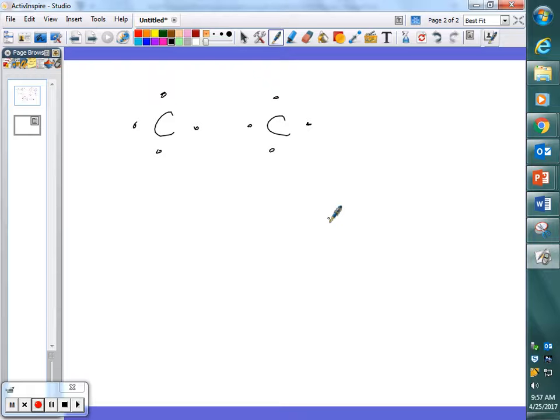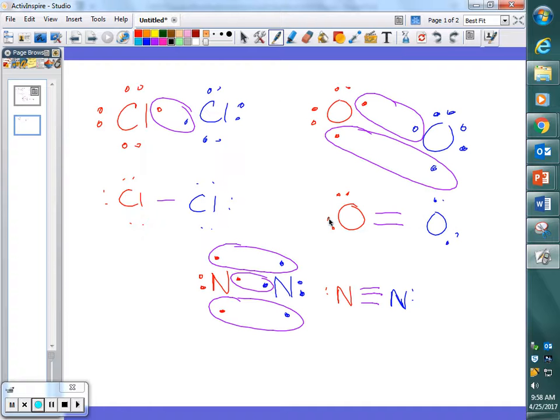We never see a quadruple bond in nature. You tell me, why not? It's not necessarily a nucleus problem. It's more of an electron problem. Remember we said that these atoms are sharing these electrons.